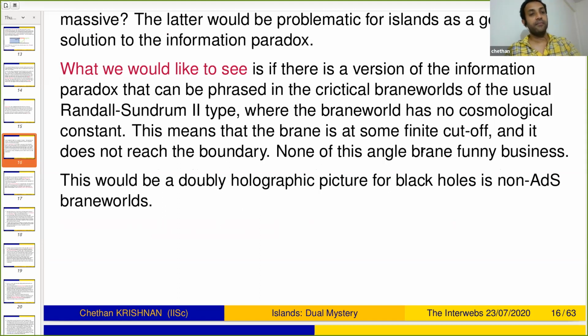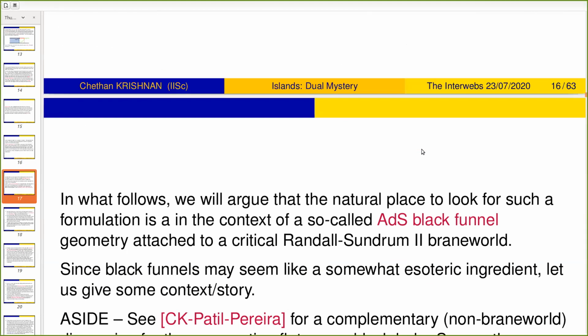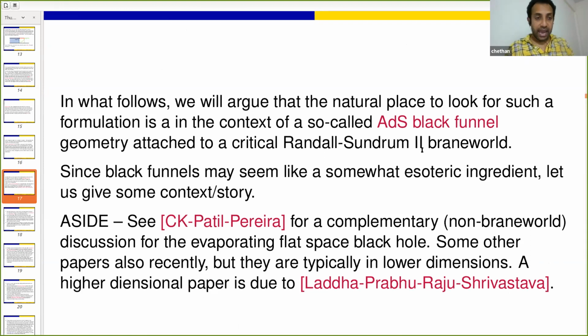Okay, good. So this is the setup, and the proposal is basically this: we will argue that a natural place to look for such islands, or a place where island physics can emerge, is in the context of the so-called AdS black funnel geometries, when they're attached to a brane world.